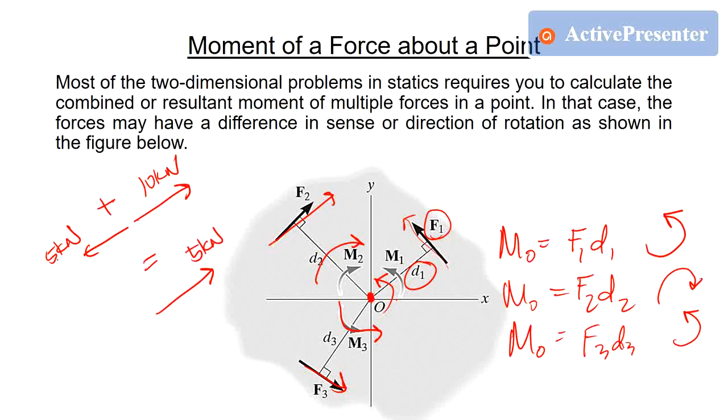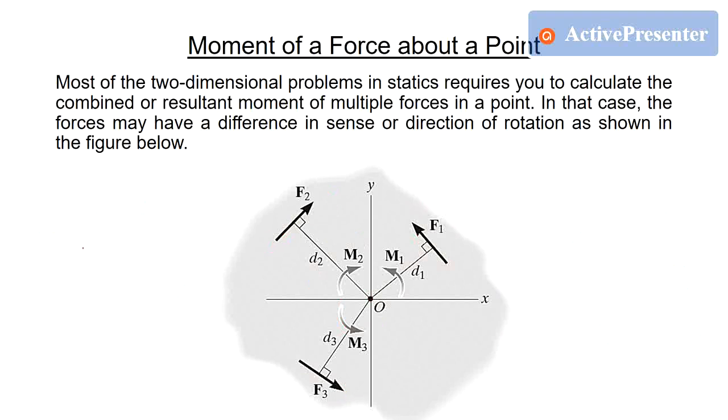Because the direction of this 5 kilonewton force opposes the other force, so you subtract the 5 kilonewton from the 10 kilonewton force. Instead, if we have the same direction, 10 kilonewton and 5 kilonewton, the answer if you add them is 15 kilonewton. So it's also the same with moment.